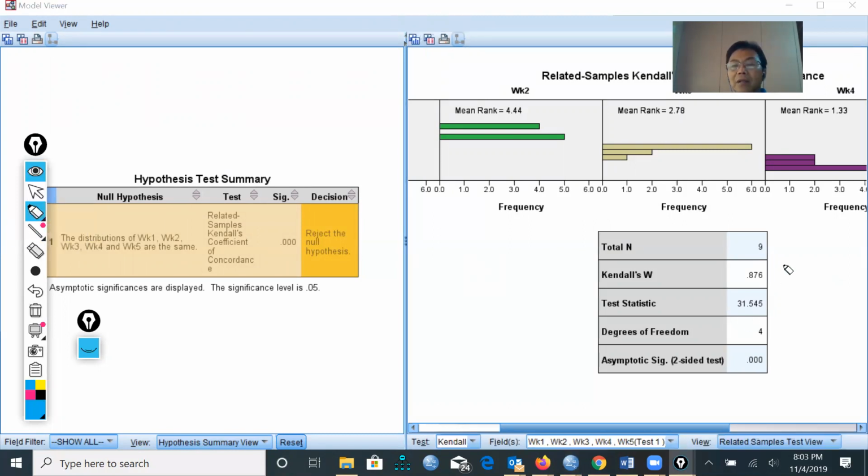Okay. So this represents your effect size, Kendall's W, and we read this like Cohen's d, where 0.2 is small, 0.5 is moderate, and 0.8 is large. Okay. All right.